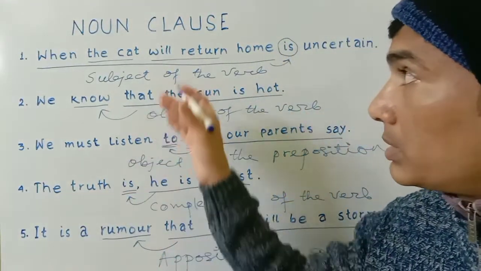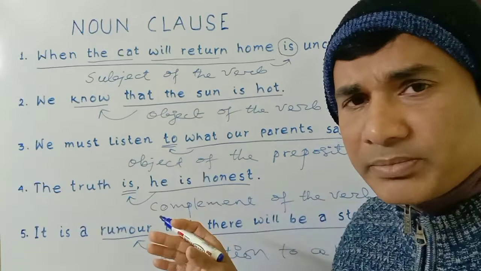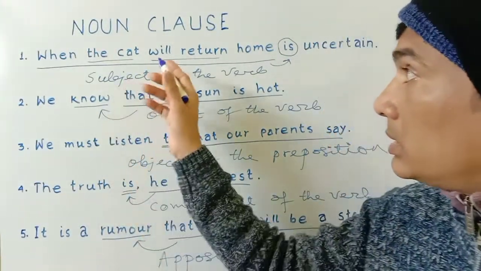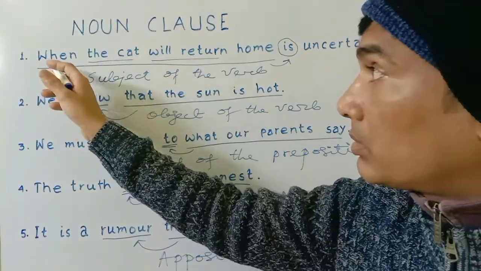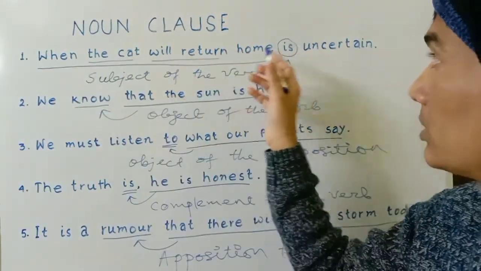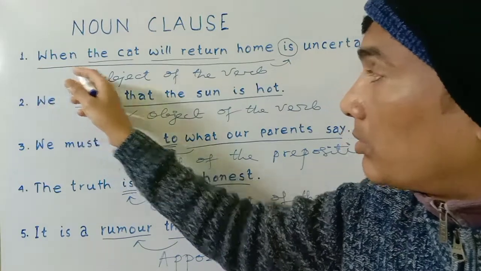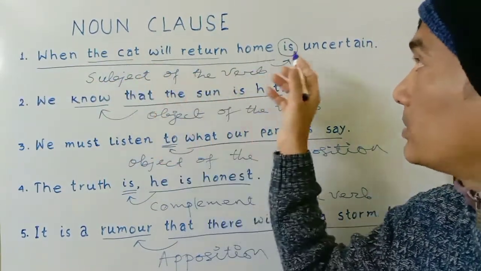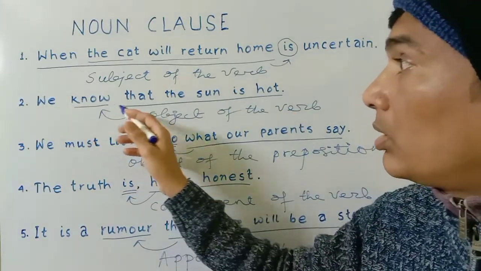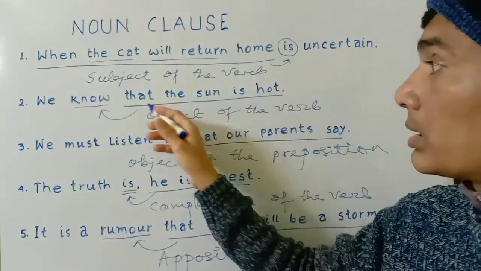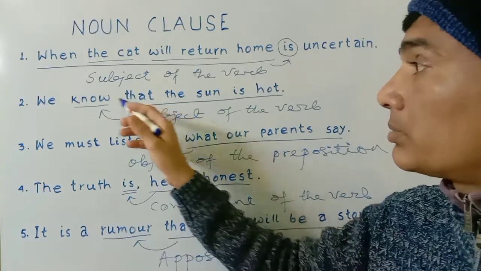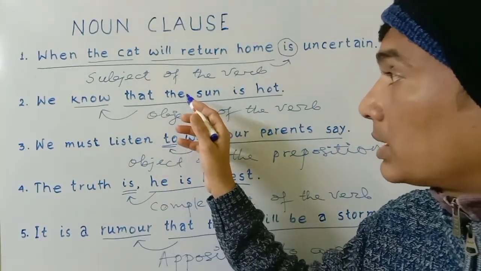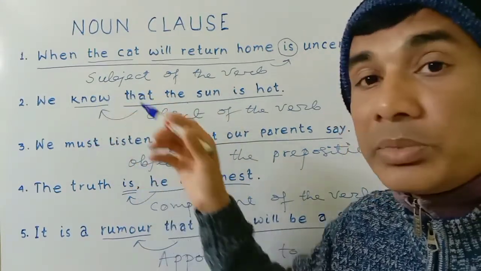In this way we have discussed the kinds of noun clause. And remember, a noun clause is a subordinate clause. Look at number 1: when the cat will return home is uncertain, this is the subordinate clause, and it is a noun clause, the subject of the verb is. We know that the sun is hot: that the sun is hot is the object of the verb know. This subordinate clause has become a noun clause and it is the object of the verb.